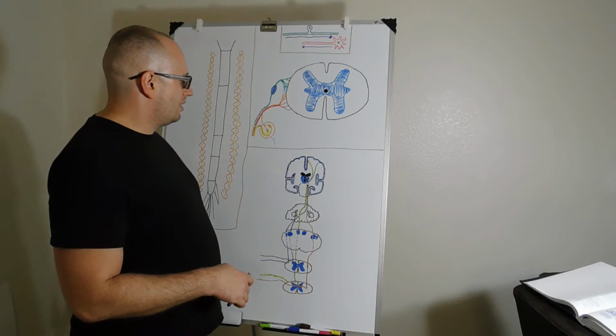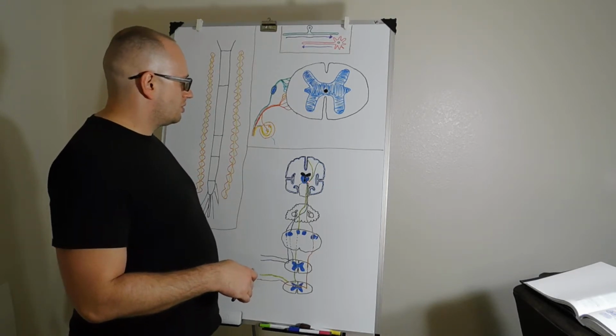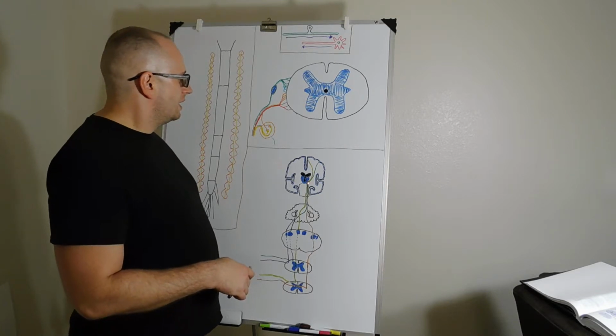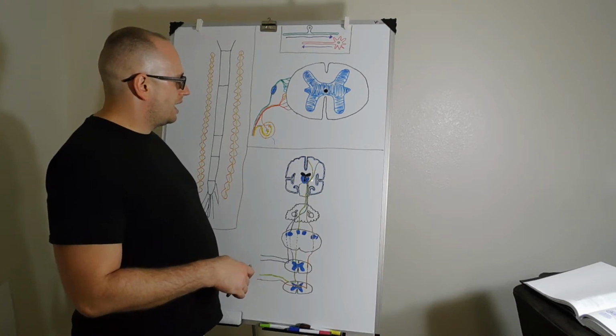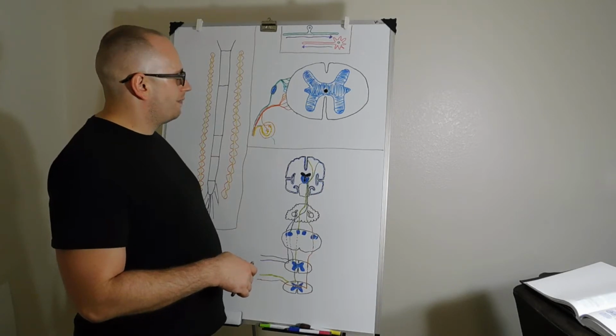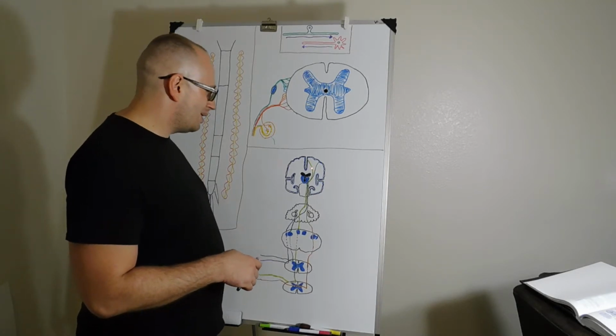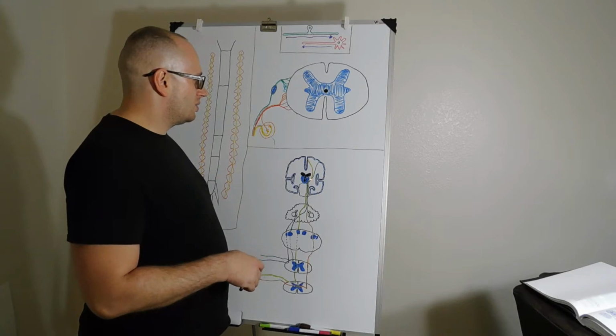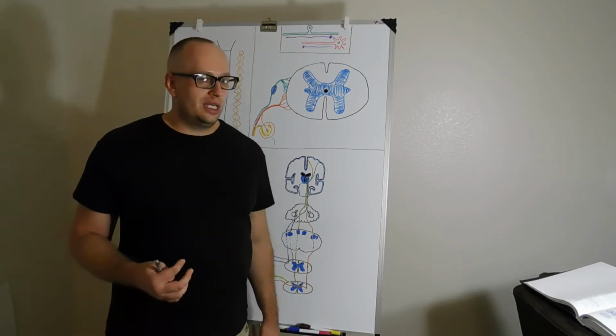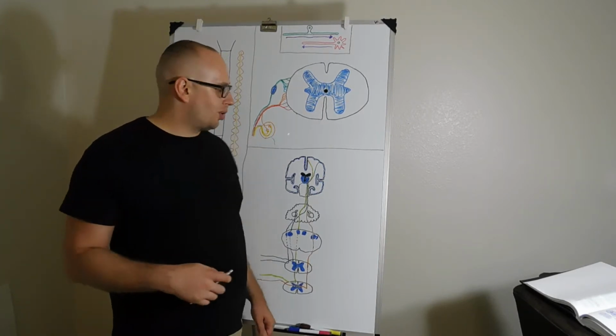And then from there, maybe some processing happens, or it just goes straight up, and then it goes into the internal capsule, and then up to the corona radiata, and then up to the actual cerebral cortex in the primary somatosensory cortex.